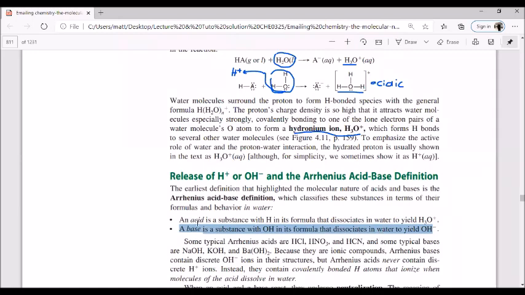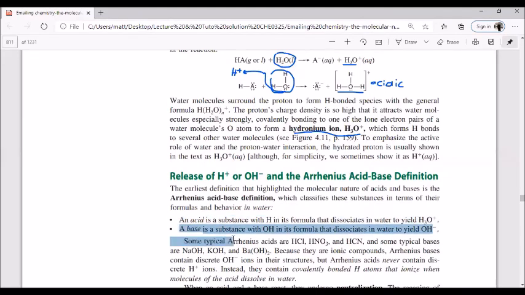For acid, a substance with H in its formula, many acids contain H in the formula: HCl, HBr (hydrobromic acid), sulfuric acid H2SO4, phosphoric acid H3PO4. They can be classified as Arrhenius acids because their formula has H and dissociates in water to yield hydronium ion.